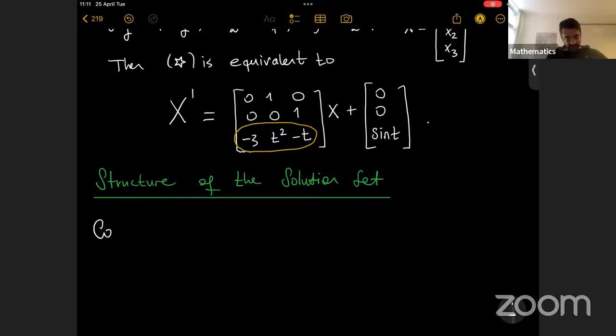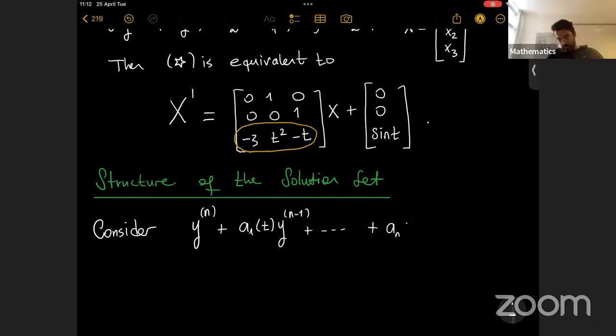Well, let's consider again an nth order equation like this. A1 t times the n minus first derivative of y, and so on, plus an t y is equal to 0.